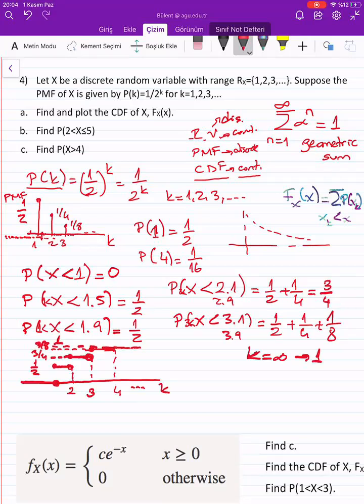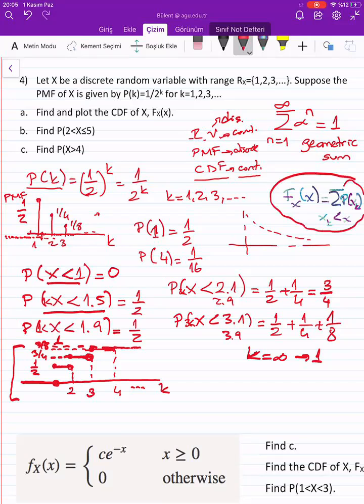So I hope you understand how we go from pk, which is the PMF, to the CDF, okay? We assign certain intervals, and then we check the probabilities in those intervals. And we should also be aware that this is the formula that we use.